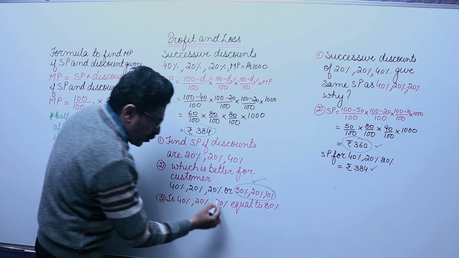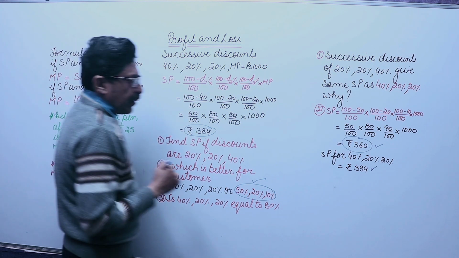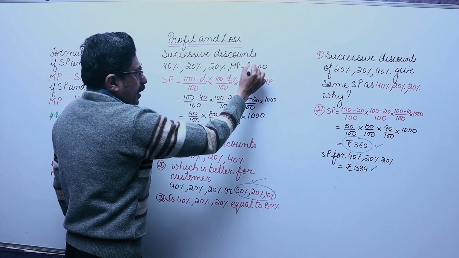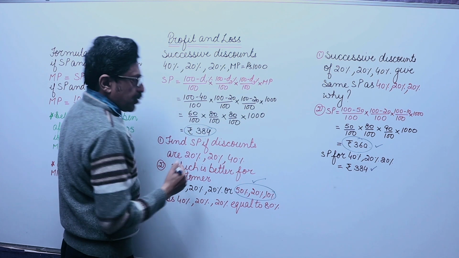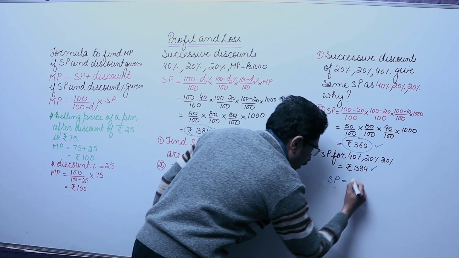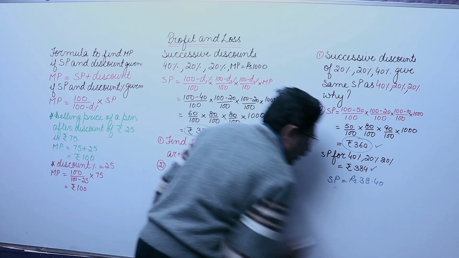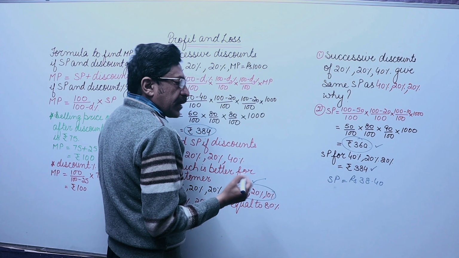Now second, 40%, 20%, 20%, is this equal to 80%? Now if we put 100 in place of 1000, we will get selling price as rupees 38.40. And what is the discount?